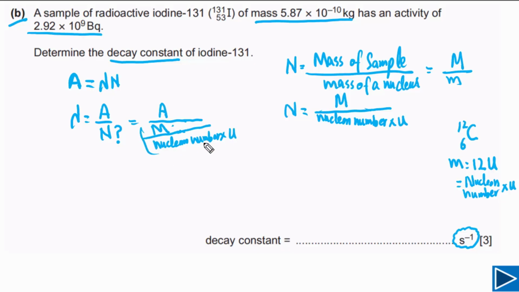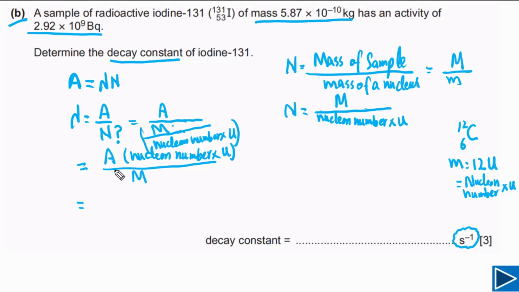We can rearrange this now and we can write down this will be A times nucleon number, divided by u, divided by the mass of the sample. Now the activity of the sample is given.